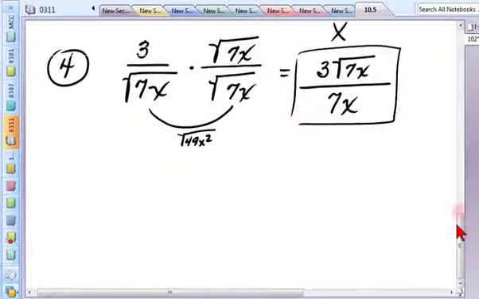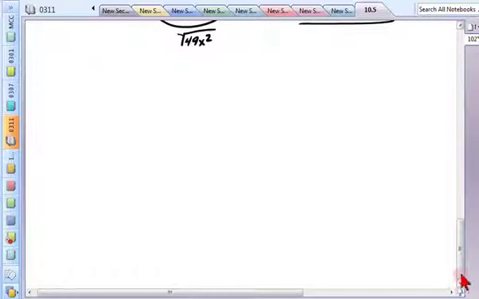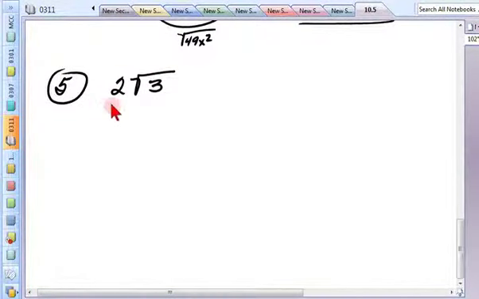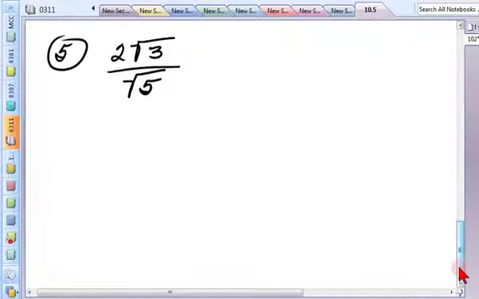All right, let's look at number 5. Is this going okay for y'all? All right. Number 5, I have 2 times the square root of 3 over the square root of 5. Can I simplify anything that you see up there right now? No. All right, then I'm going to rationalize the denominator. What am I going to use?